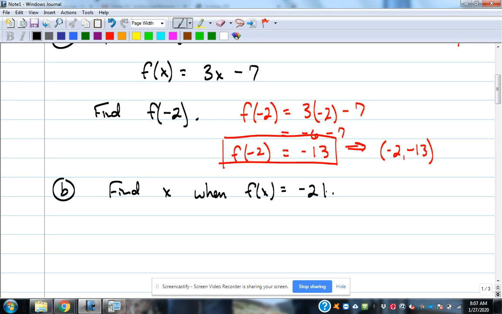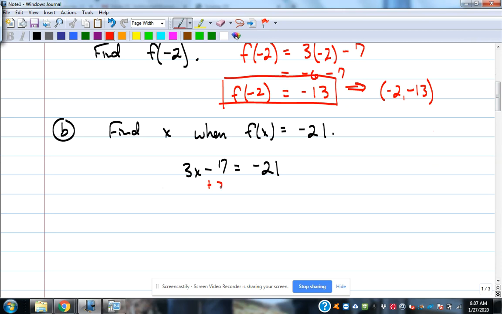Set the whole thing equal to negative 21 because we're replacing f of x with negative 21. So that's going to be 3x minus 7 equals negative 21. And then we solve that for x. So add 7. 3x is equal to negative 14. Is that right? And then divide by 3.